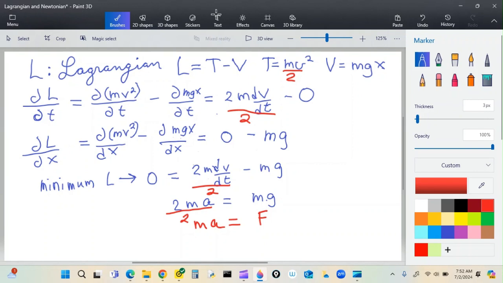This isn't a fudge factor. This takes what is known and observed and plugs it in for the kinetic energy. Now that has shown that the Lagrangian principle of least action, we can prove Newton's second law. Now we can also prove the third law, and we won't do that in this video.